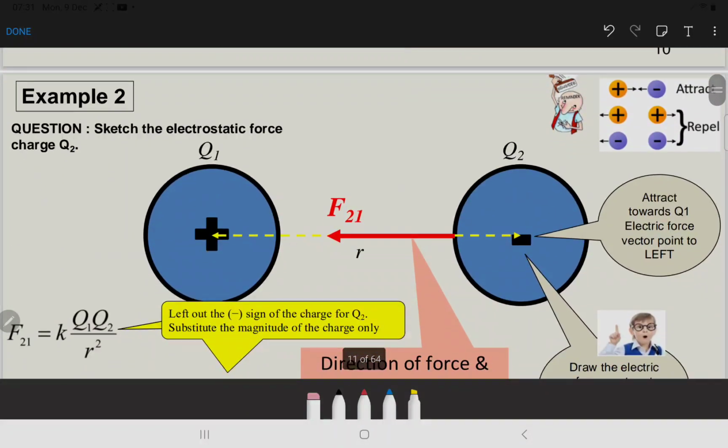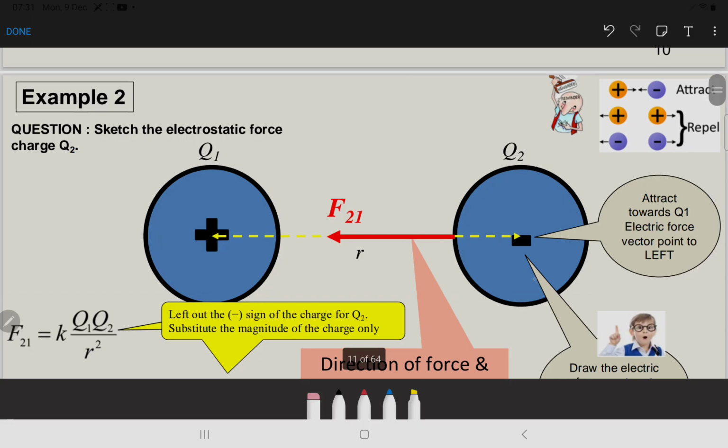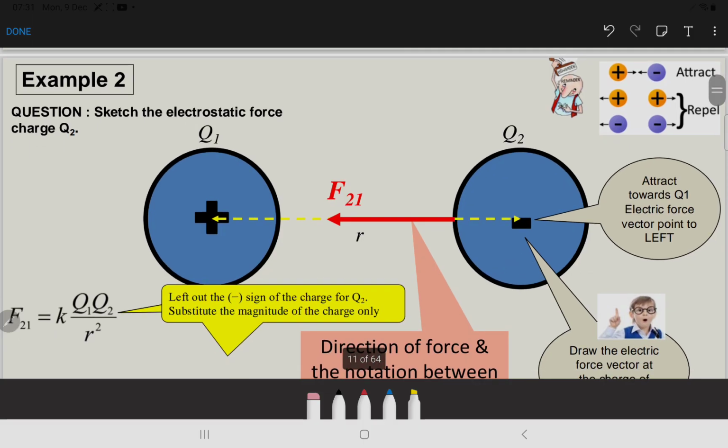So we have example 2. Over here they want us to sketch the force on charge Q2. Q2 is negative and it will interact with Q1.